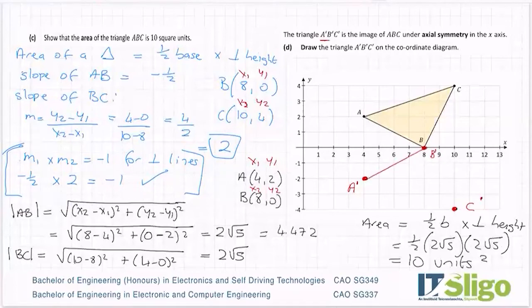I'm one that can't, so I don't even try, I just join the dots together. And I know I'm going to get a triangle that's a reflection of the one above it. You can see it's just like a butterfly. I've labeled them A dash, B dash, C dash, and that's full marks for that one.